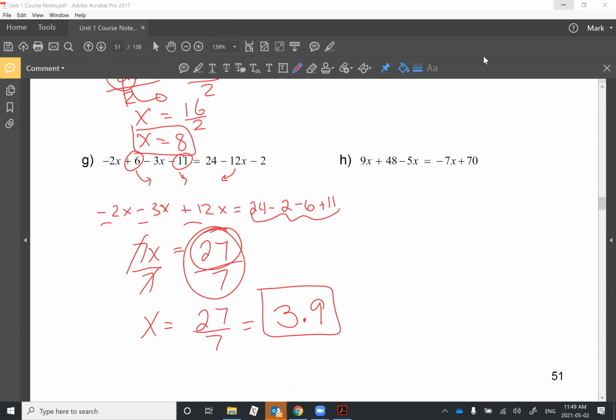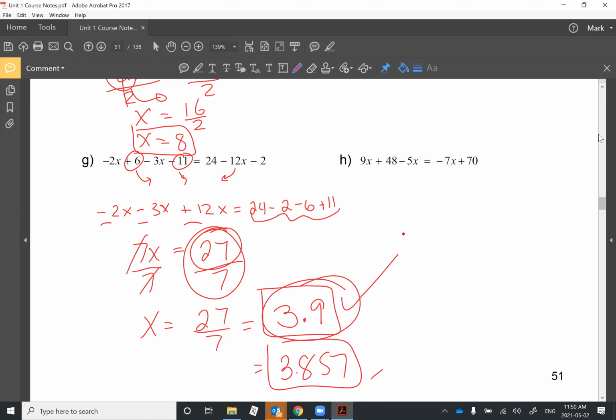Oh, somebody said something for G. Abdullah Rashidi in the chat, you said 3.85 for G, absolutely. This could be 3.857. I just rounded it to 1 decimal place. But guys, I don't care about rounding. It doesn't matter to me what you do.